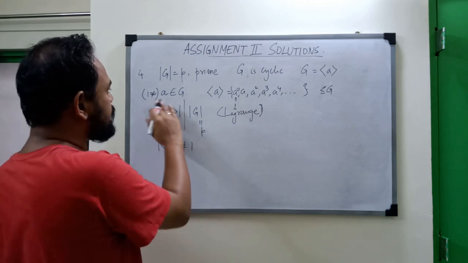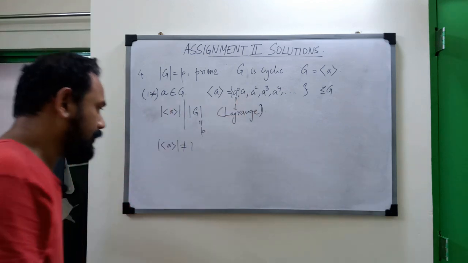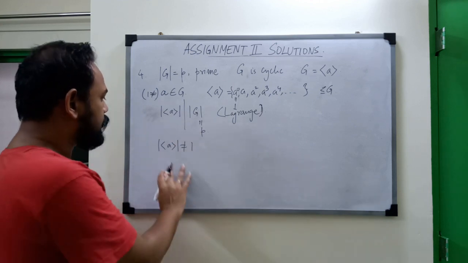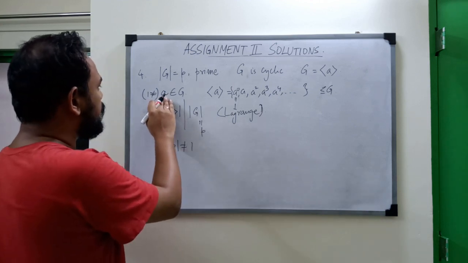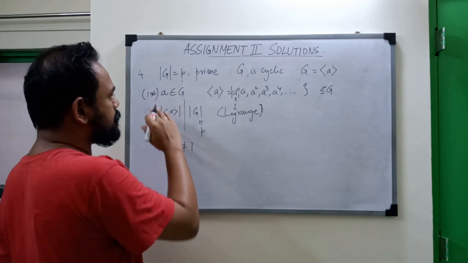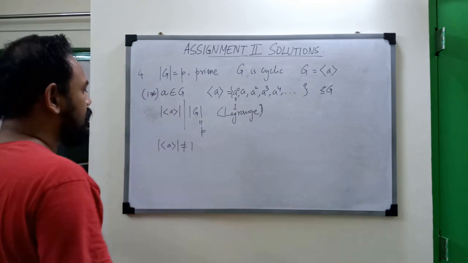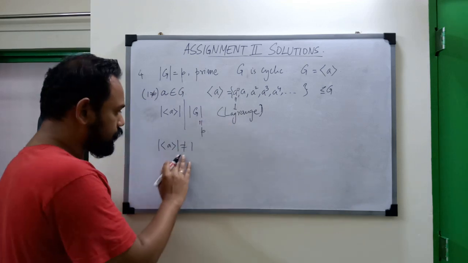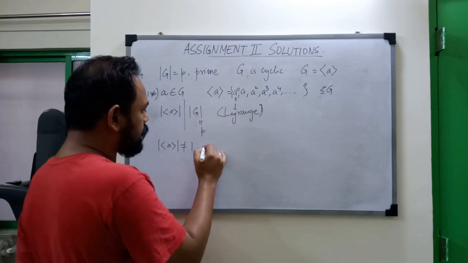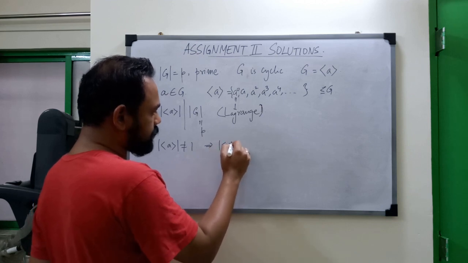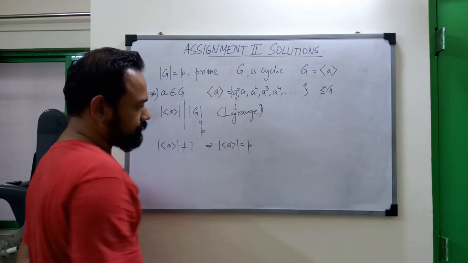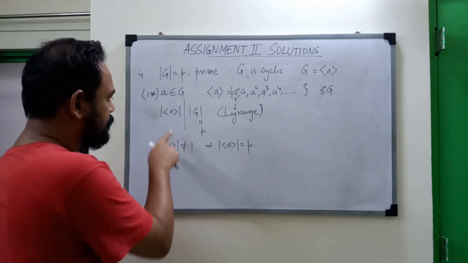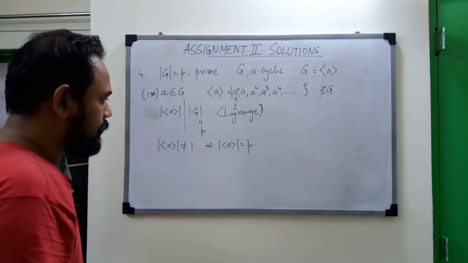If this was the identity, then the number of elements would just be the identity and it would be 1. Because we have chosen a to be non-identity, the number of elements in this subgroup should be more than 1. So that means automatically that the number of elements must be equal to p, because these were the only two possible factors of p.